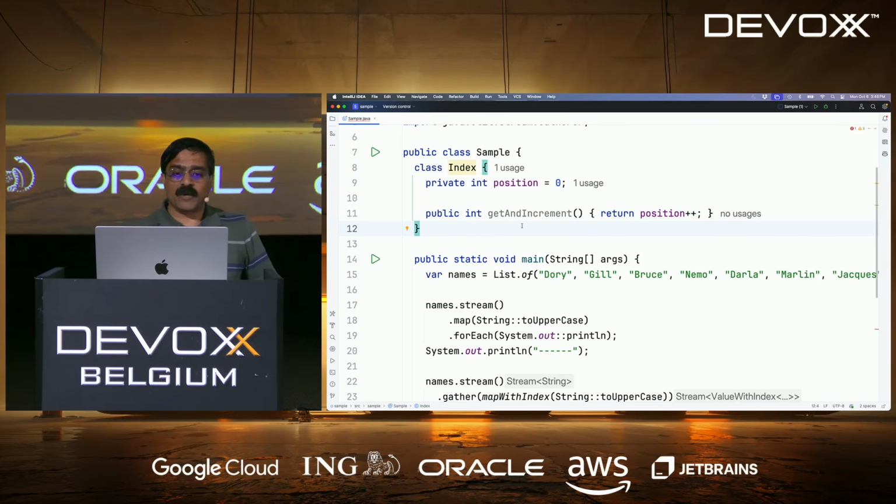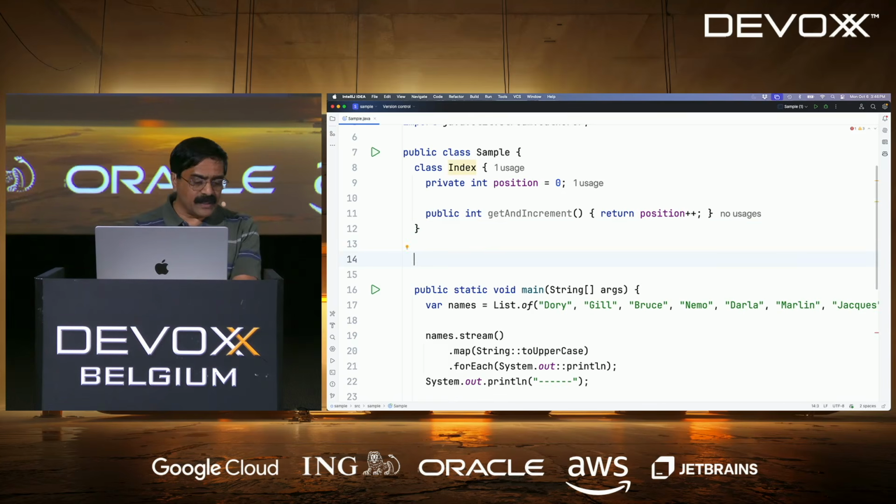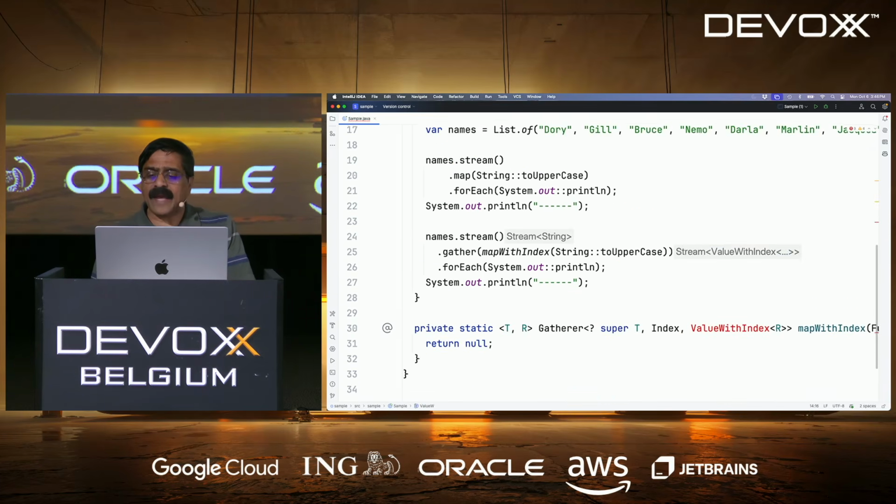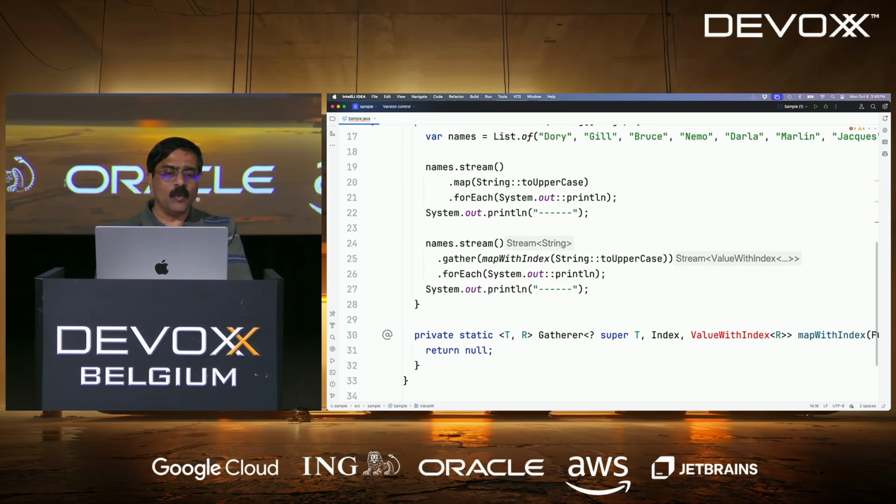So that is our class index. Then we are going to create, in addition to it, a record. Records are nice to create to pass data around. What is this record? Value with index, right? That's what I call it, value with index.